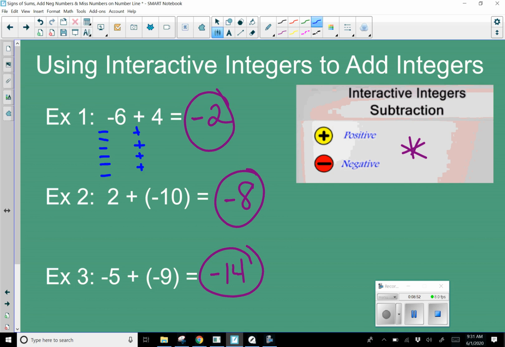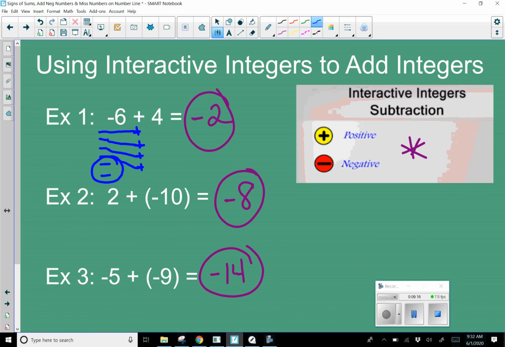Now, as we can recall, a negative and a positive together equals 0. Negative 1 and positive 1, those are additive inverses. That would mean this positive would go with that negative, that positive would go with that negative, and that positive would go with that negative, leaving 2 negatives, hence how we got negative 2.